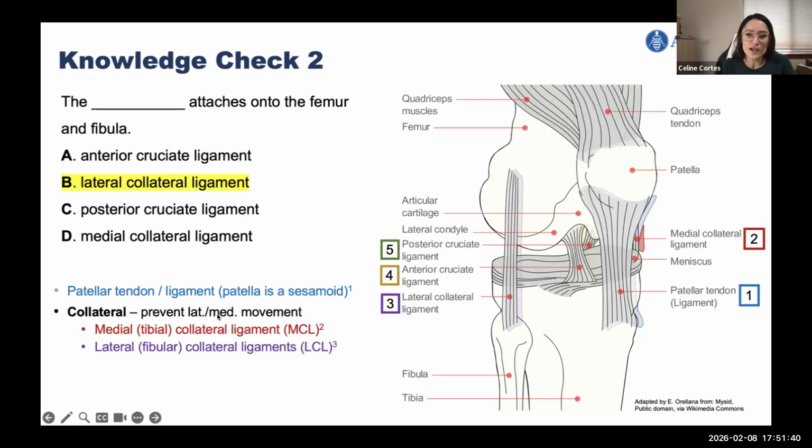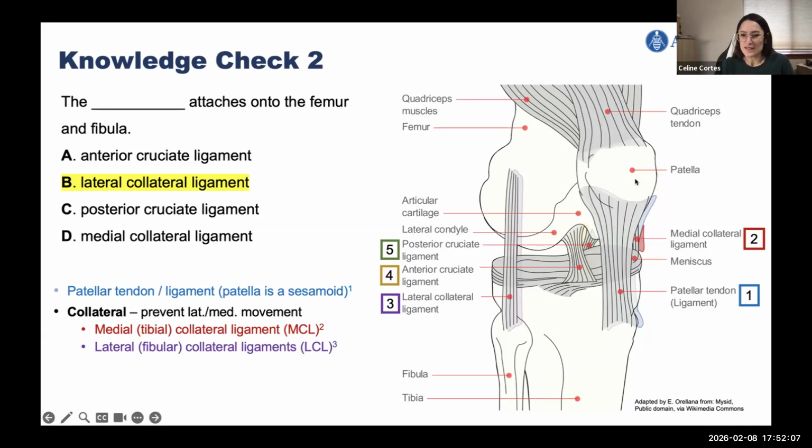And then we've got our collateral ligaments. Collateral ligaments are found on basically the sides of the joint in this case. So there's a medial and lateral collateral ligament. The medial, also called the tibial collateral ligament, is found, as you can imagine, more medially, right?